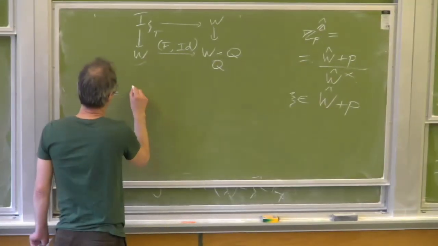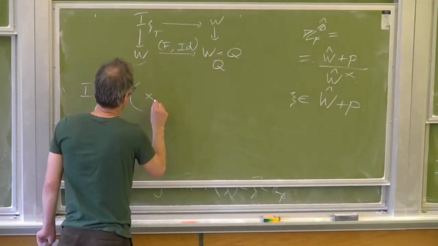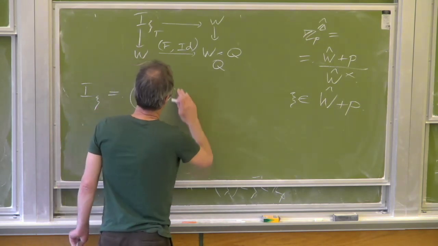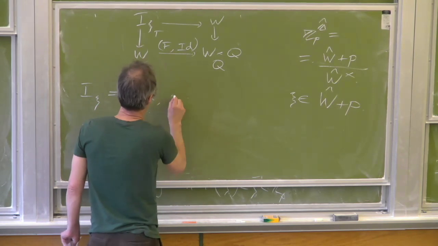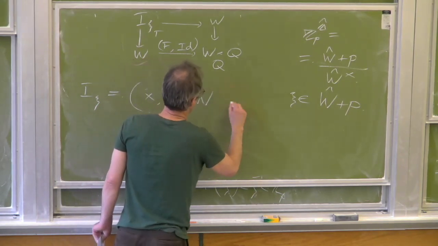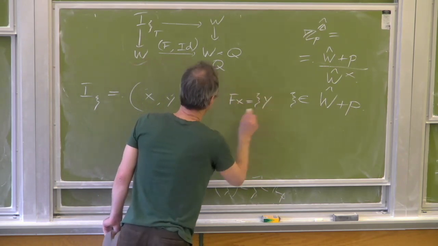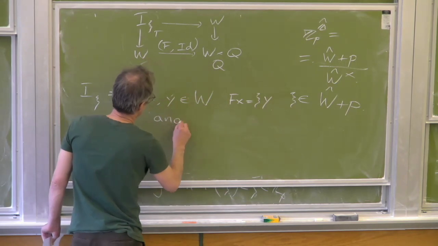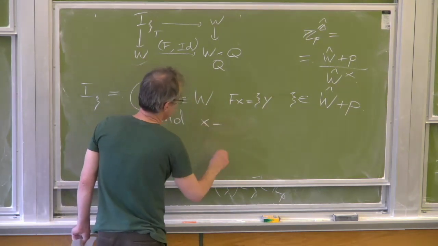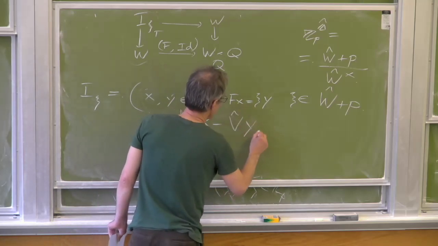By definition of the fiber product, it consists of pairs (X, Y) in W such that Frobenius of X is equal to C Y and X minus V check Y is in W.